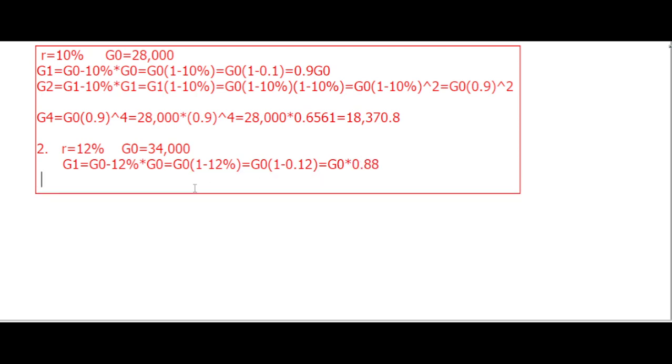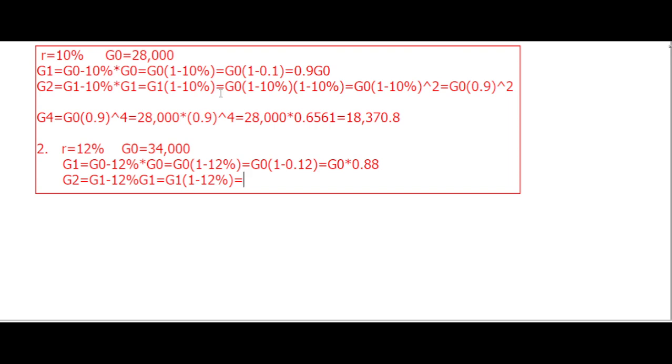Now let's compute G2. G2 is equal to G1 minus 12% times G1, which is equal to, let's take common G1, into 1 minus 12%.